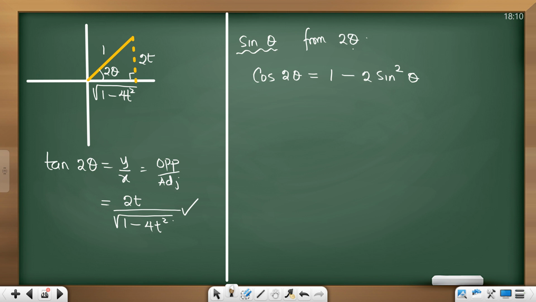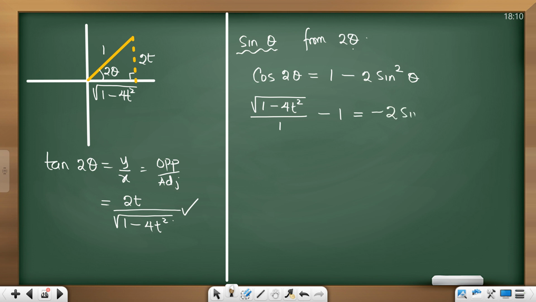What is cos? X over r. What is our x? Root of. This is how easy things can be. What is my x? 1 minus 4t squared over, what is our r? Oh, 1. Minus 1 equals, you're fine with my minus 1?